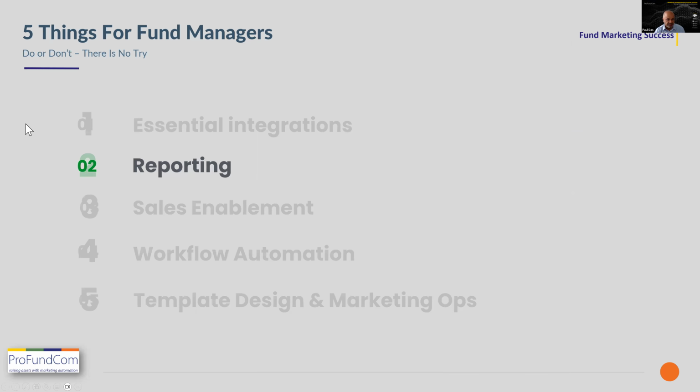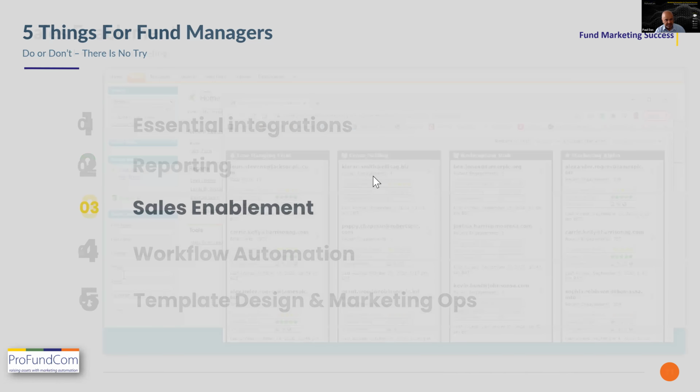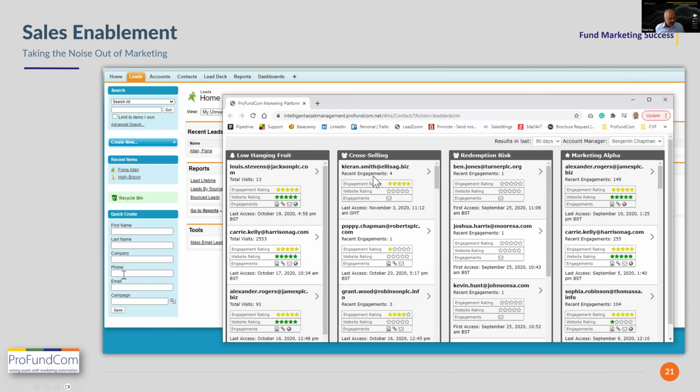So that's the reporting element, and that feeds really nicely into sales enablement. Sales enablement is taking the noise out of the marketing activities. Of course, people come to your website, they engage with you on social. You've got to create your internal reports, external reports, dashboards, everything I've shown you.